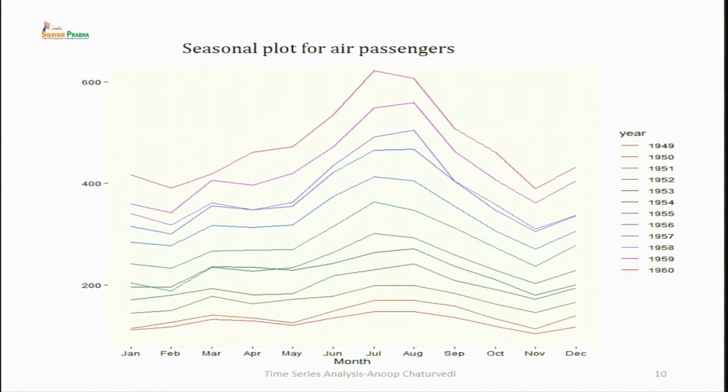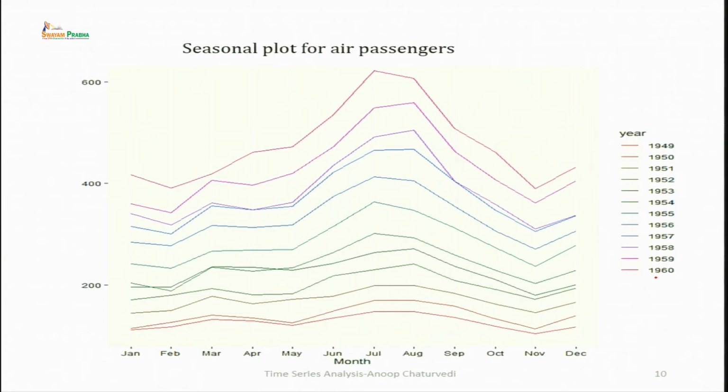On the x axis we have taken different months, and on the y axis the values of the time series. This graph is for the year 1949. The second graph, this one, is for the year 1950, and so on. And the last one is for the year 1960.